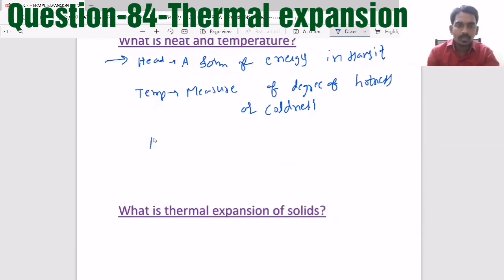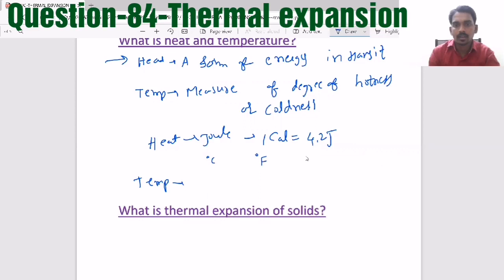Now, heat, as it is energy, we measure in terms of joule. But here we also measure in terms of calorie. 1 calorie equals 4.2 joules. And temperature we measure in terms of degree Celsius, degree Fahrenheit and Kelvin scale.